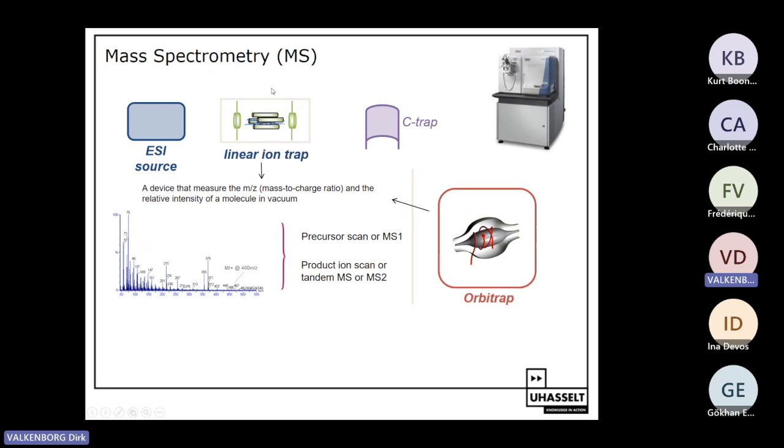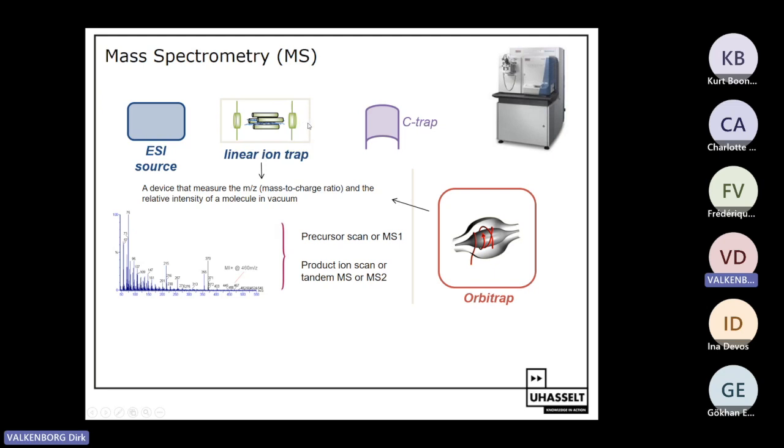So that's why very often we see this lower quality instrument, which generates lower quality spectra, but can produce fragment mass spectra at a much higher speed. So that's the motivation for having these hybrid instruments.